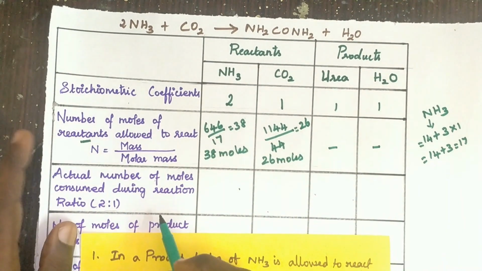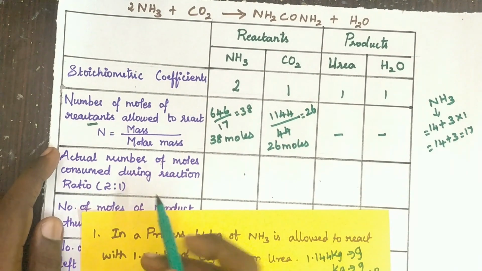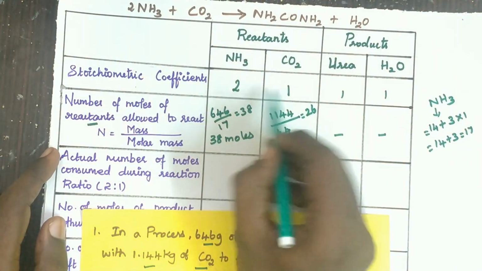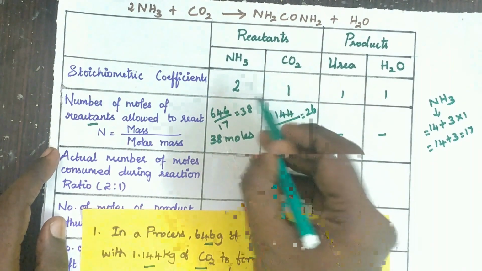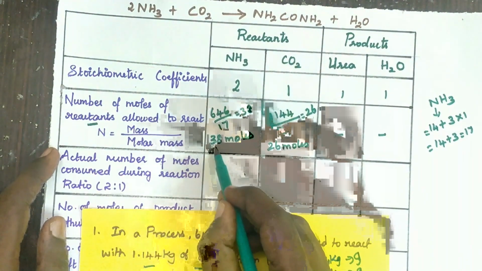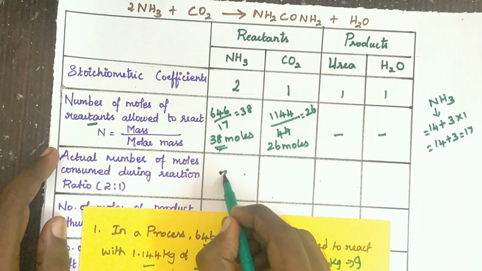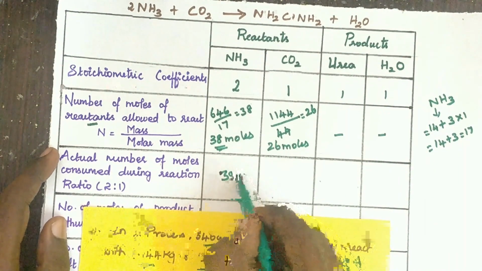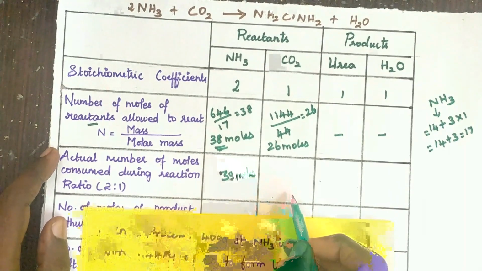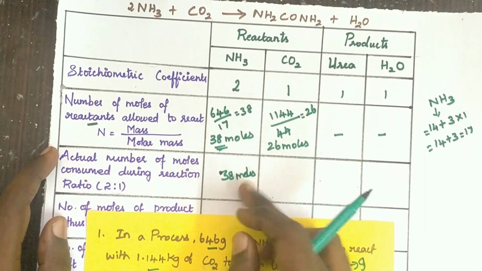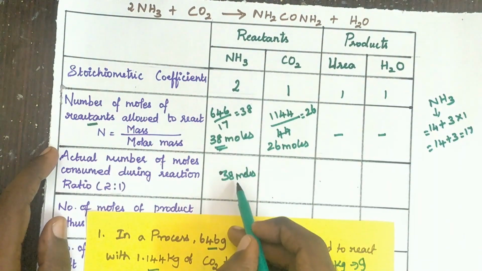Third step, the actual number of moles consumed during the reaction, given in the ratio 2:1. For ammonia, the number of moles is 38, so write it as 38 moles. In the case of carbon dioxide, the ratio is 2:1, so you take half of the ammonia.